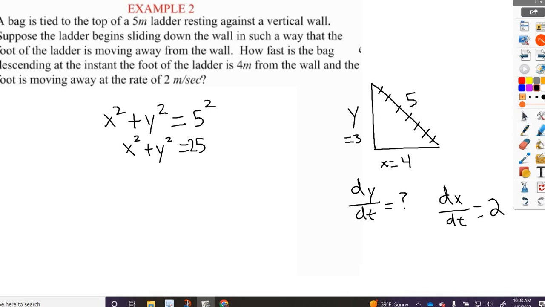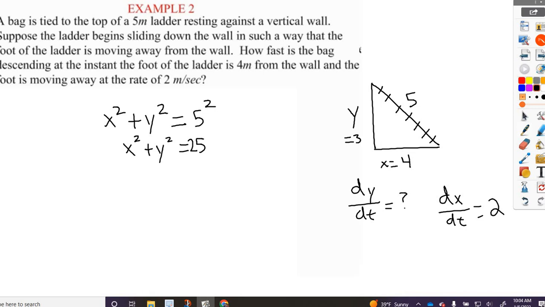So you don't want to plug stuff in too early because notice that if I go ahead and plug in x, when I take the derivative of that, I don't have a dx dt. So I still need to take the derivative with my variables in there. That way I can still plug in and solve. Does that make sense? When we take the derivative, it makes sense for the right side to be 0 because the length of my ladder is not changing. It's not condensing or something like that.